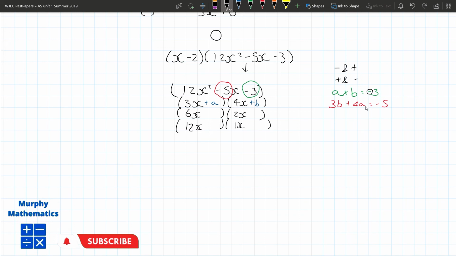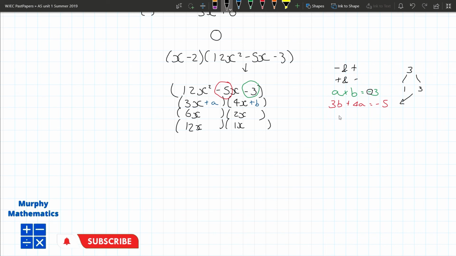So here we go. We need to find the factors of 3, and we know 3 is prime, so it's going to be 1 and 3. So using 1 and 3, we need to put it into this equation, 3b plus 4a equals minus 5. One needs to be a negative, one needs a positive, and they need to work out.